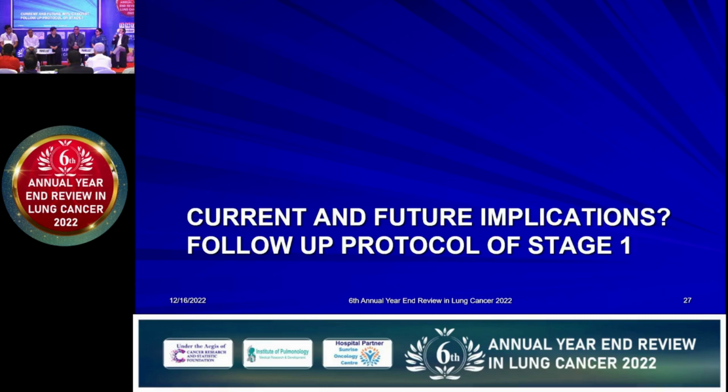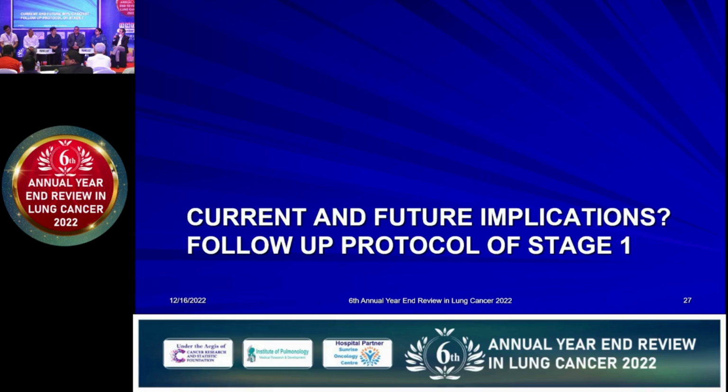I think the practice in Asian countries versus American and European countries is different. Right. In Asian countries, most of the guidelines say that if the N1 is positive versus N2 positive, and if one single station node is positive, then it is okay to do straight surgery without any invasive mediastinal staging.